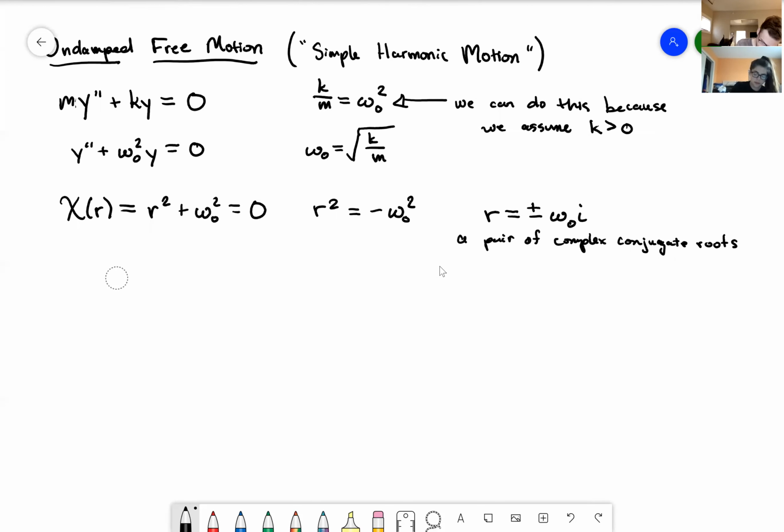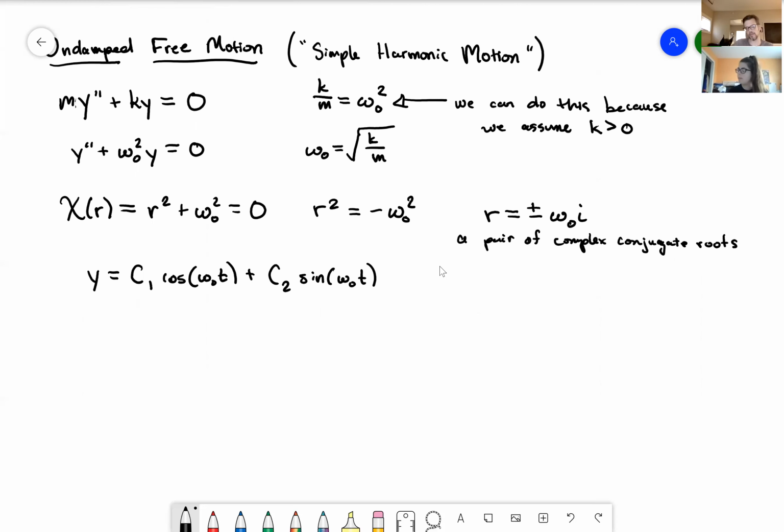Actually, let's just write out the general solution. We can go straight to that step. So C1 cosine of omega 0 t plus C2 sine of omega 0 t. We've already seen the derivation of how we come to these solutions. So again, notice we have oscillatory functions here, so we're going to get oscillatory behavior.